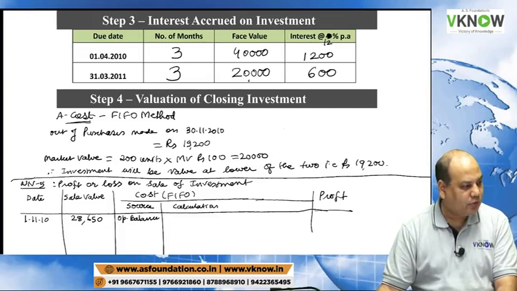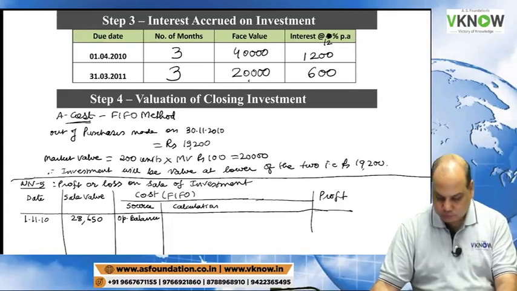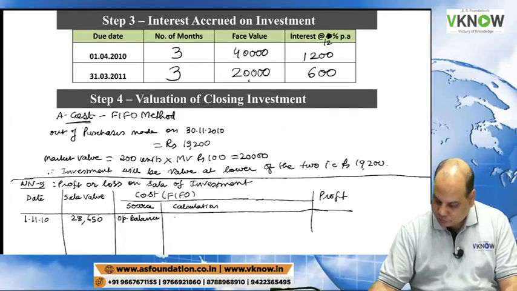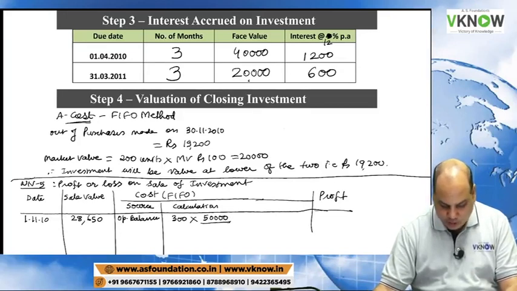This will be out of the opening balance. Opening balance cost is equal to 300 into opening investment cost 50,000 divided by opening quantity 400.